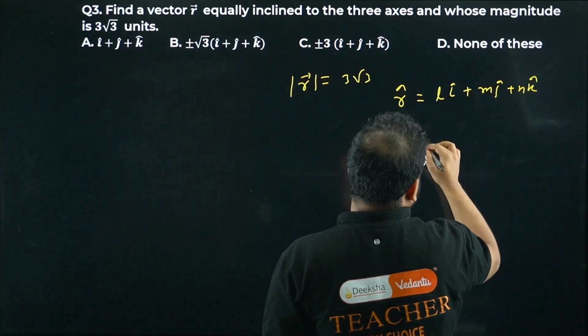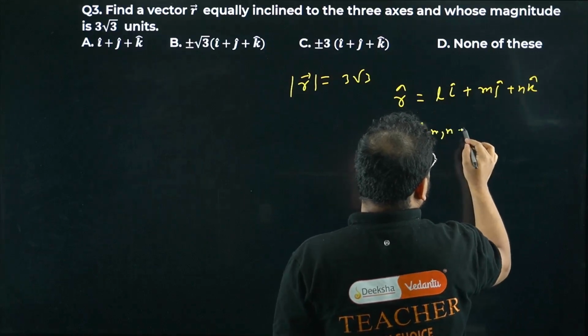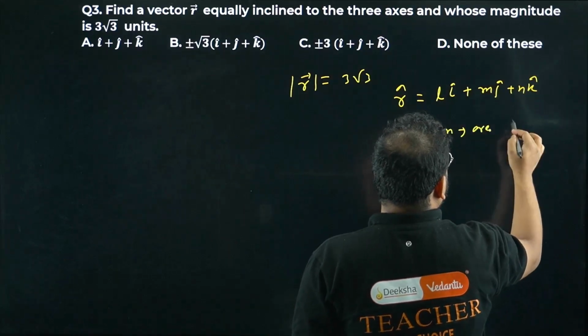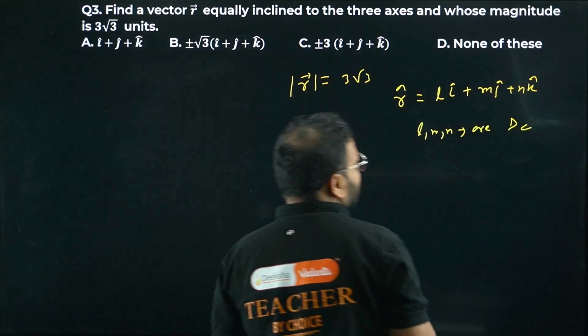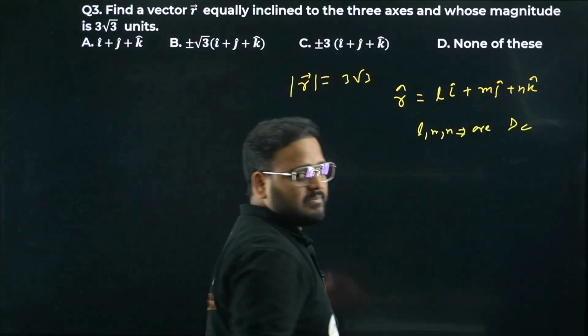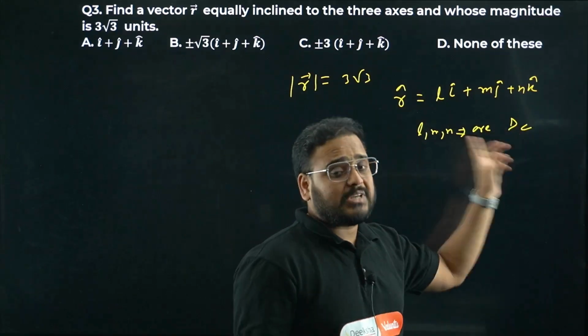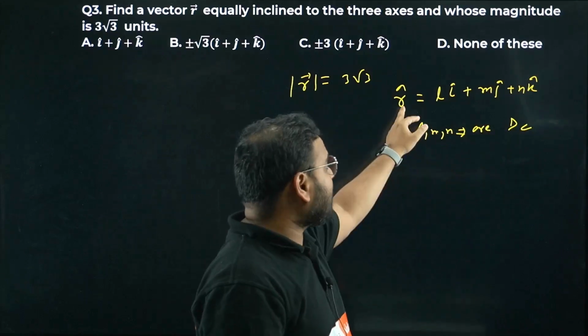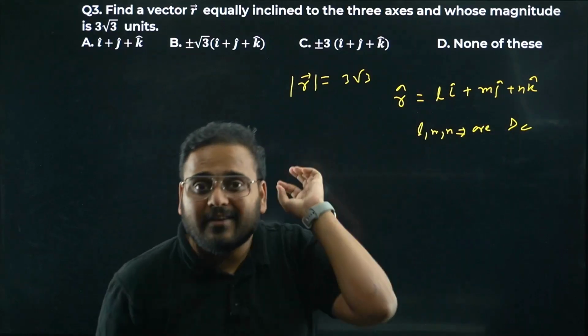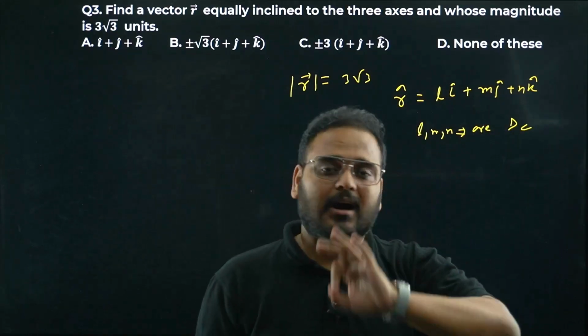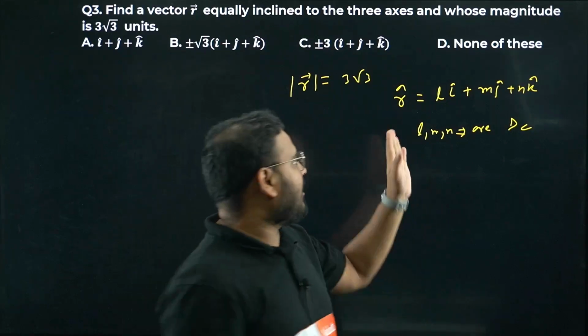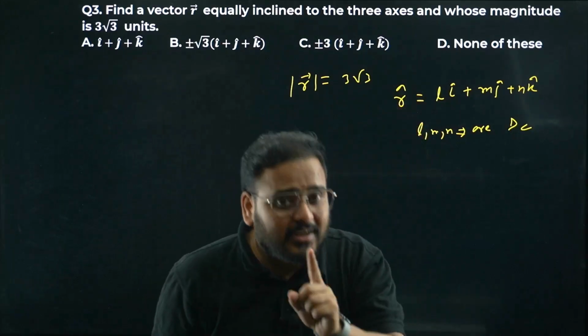What are l, m, n? They are direction cosines, not direction ratios, because we're talking about R cap, the unit vector along vector R, not any vector R.